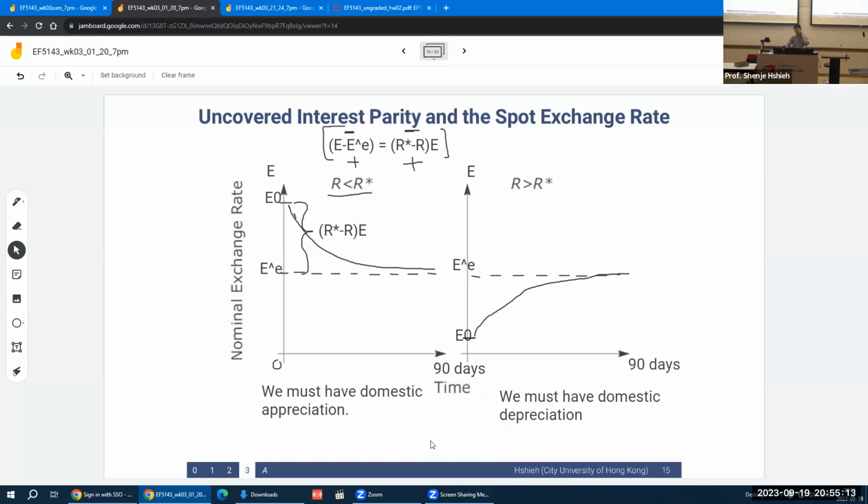E must increase. So over time, in order for there to be a gap between interest rates, there must be an equivalent gap between expectations and the current spot exchange rate. And over time, because we're right about it, E must eventually evolve in such a manner that approaches E hat E.